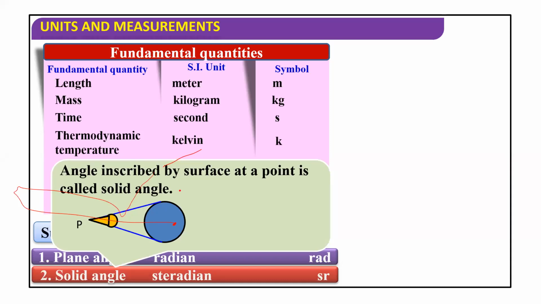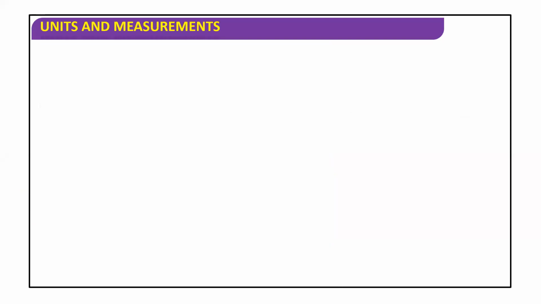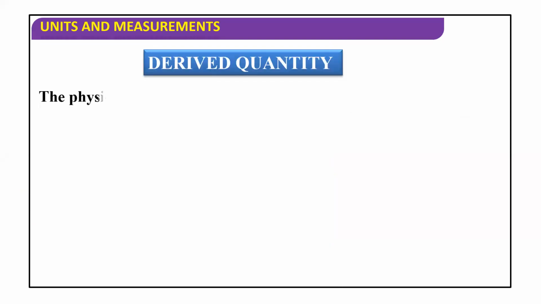Okay, so we'll move next. We talked about something called fundamental quantities, right? Now there is another kind of quantities known as derived quantities. So what are these derived quantities? First of all, let us write the equations.